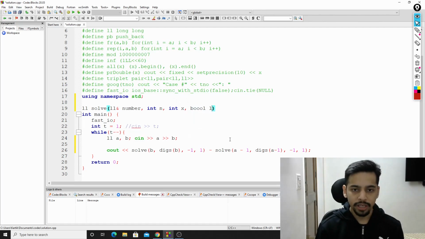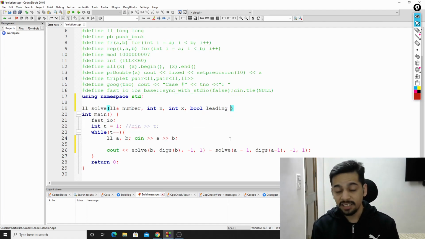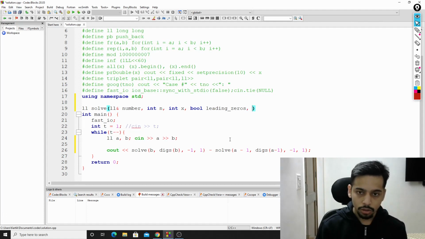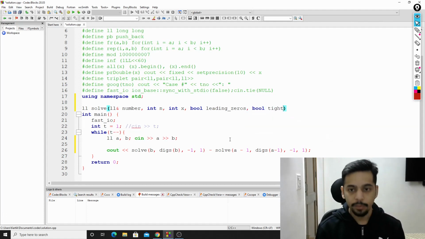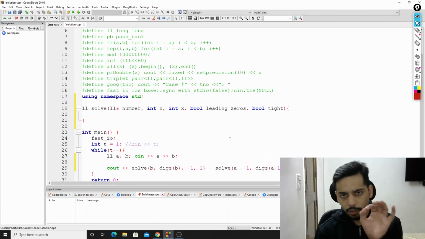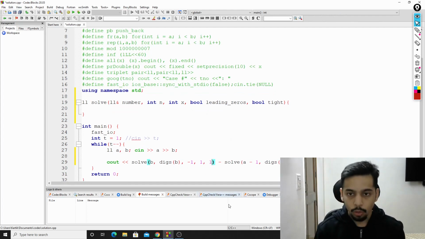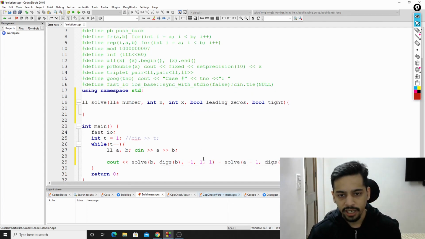Also, whether I'm still putting in leading zeros or am I done putting in leading zeros. That helps me decide if the previous digit was a 0, can I still put in a 0 here? If leading zeros is 1, then I can still go ahead and put another 0. So leading zeros and another boolean to decide whether I'm under any tight constraint or am I free to put in any digit at this particular position? Initially I'm under a tight constraint, and initially leading zeros is 1, x equal to -1.